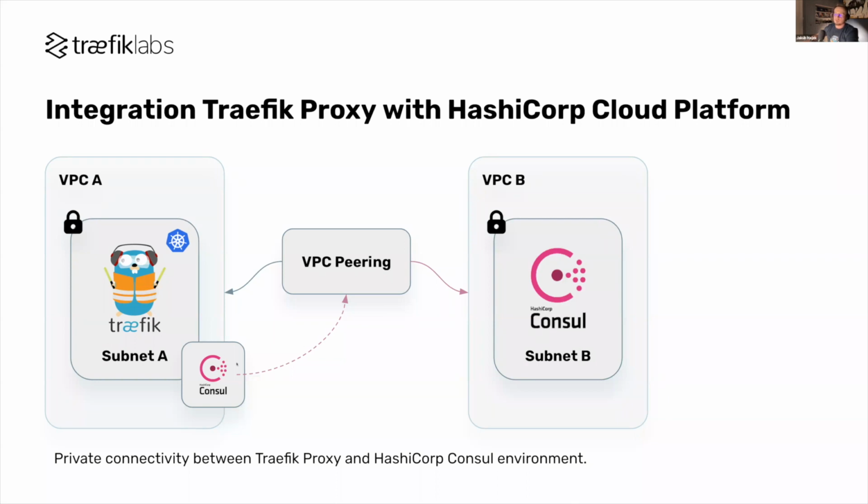Once I deploy the Consul agent on my Kubernetes, it will connect to the Consul server here. So Consul will be responsible for service discovery for Consul catalog, and the data discovered here will be pushed through the tunnel to Consul. That's a nice feature, and I will show you how it works.